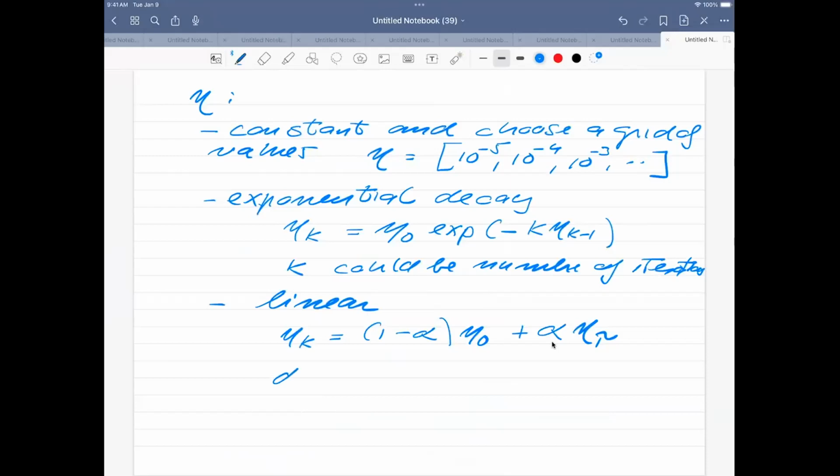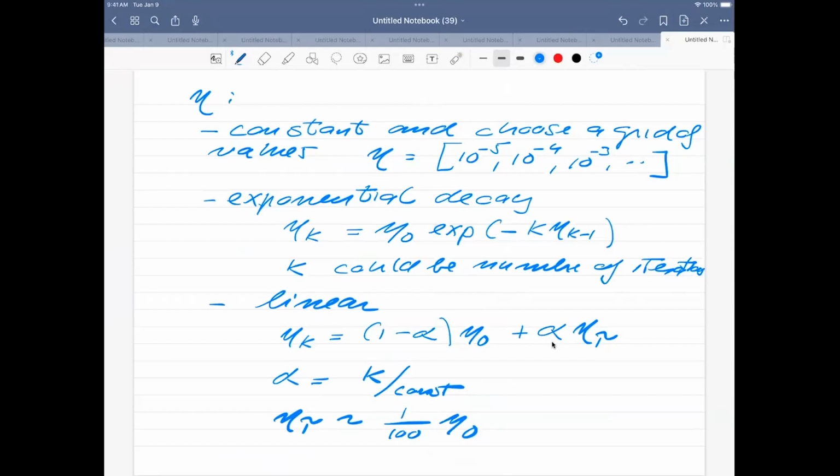So this alpha is typically given by some iteration number, k, divided by another constant which you specify. And this gamma of tau is also constant. And normally this eta of tau is set to something like 1 divided by 100 times eta 0.